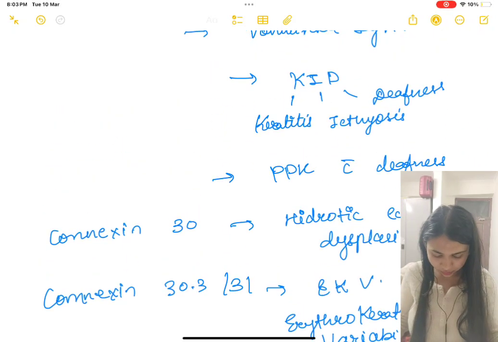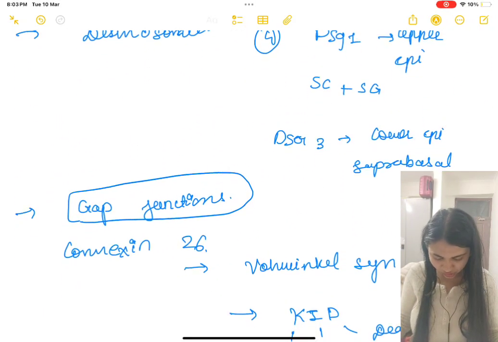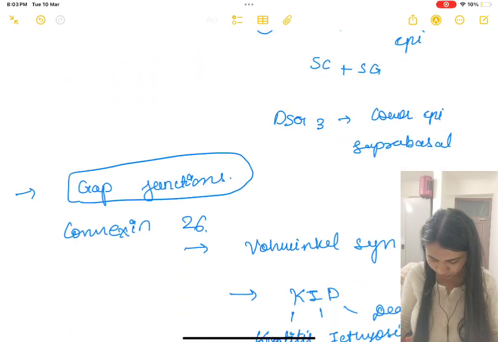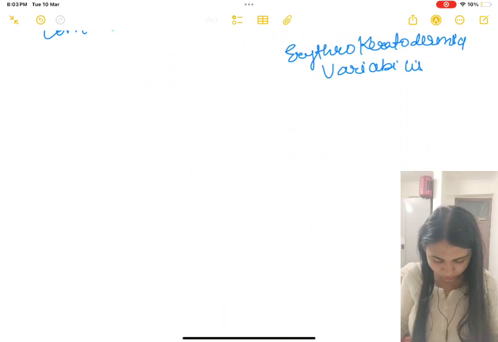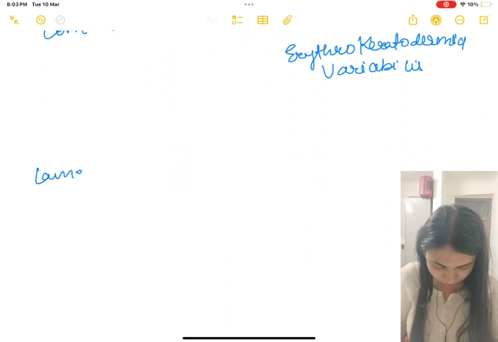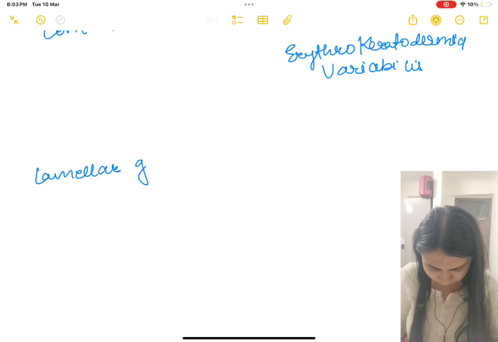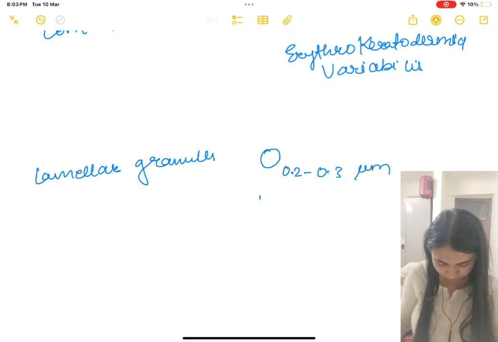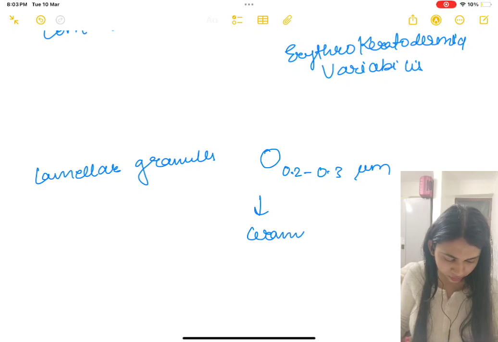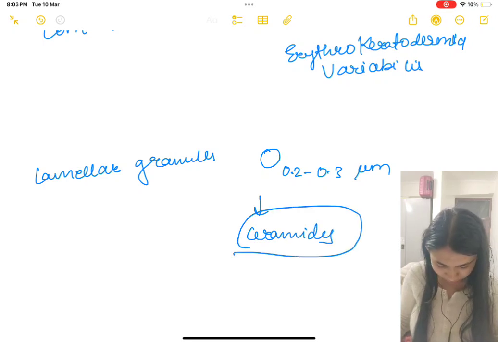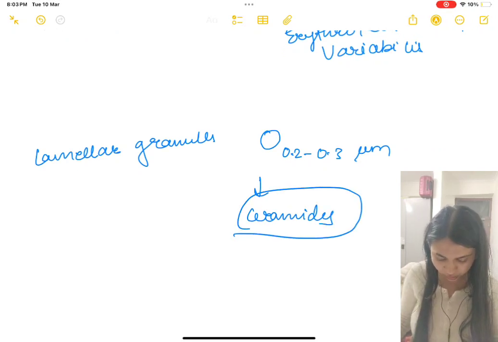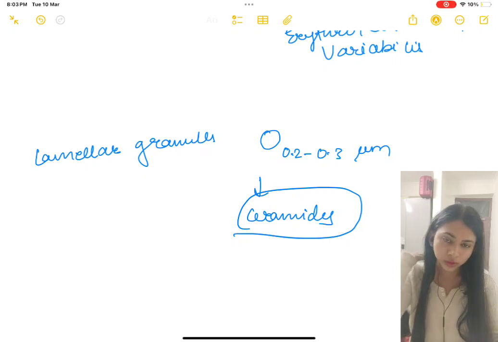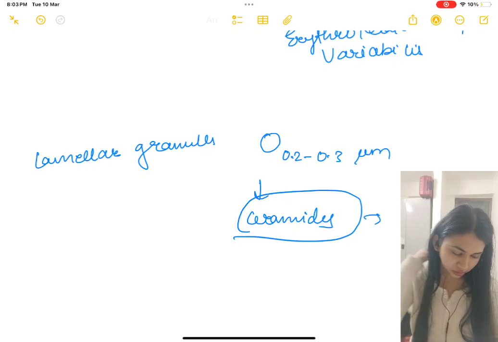Now we have discussed gap junctions and desmosomes, right? Now lamellar granules. Lamellar granules are membrane-bound intracellular structures, 0.2 to 0.3 micron in diameter. They are responsible for forming ceramide. Ceramides are the major lipid responsible for the barrier function of the skin.